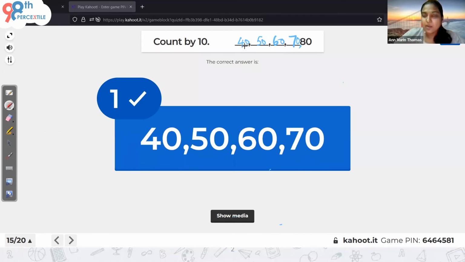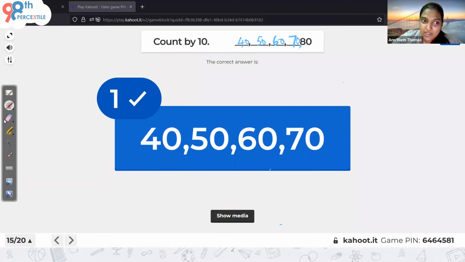You had to count backwards, in fact. Yes, it's very simple, right? 80 minus 10. And I also gave a clue: it is counting by 10. I did not give a clue of backwards or forwards because I thought you would understand that it is backwards because the first questions were not revealing.